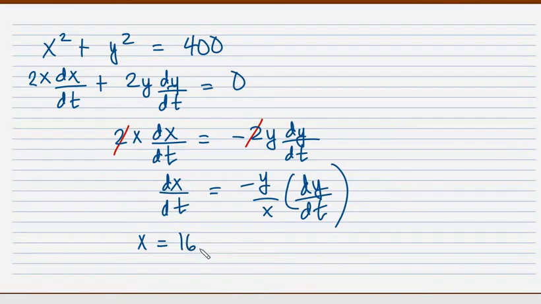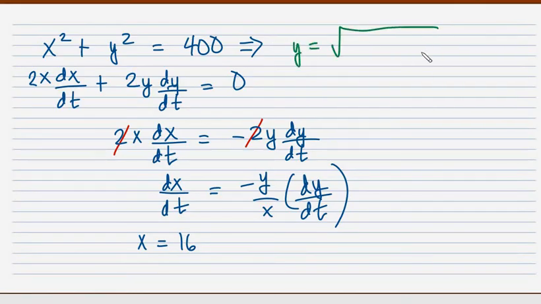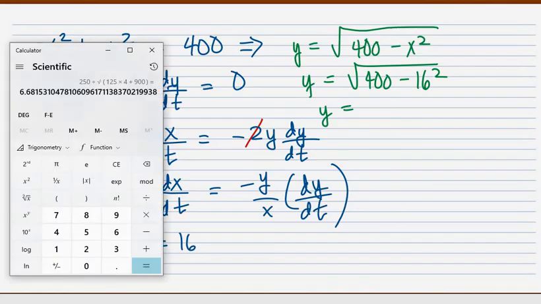So, at this particular point, when x is equal to 16, based on this Pythagorean formula, y would now be equal to the square root of 400 minus x squared, so 400 minus 16 squared. Let's get our calculator. 400 minus 16 squared is 144, and we know that the square root of 144 is 12.